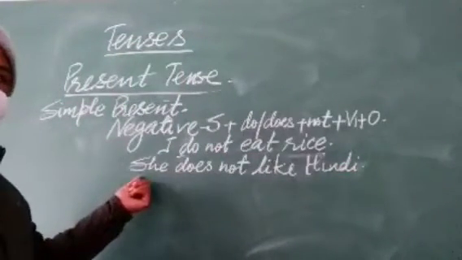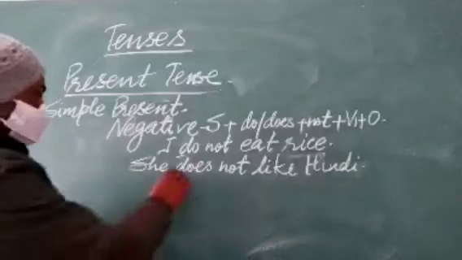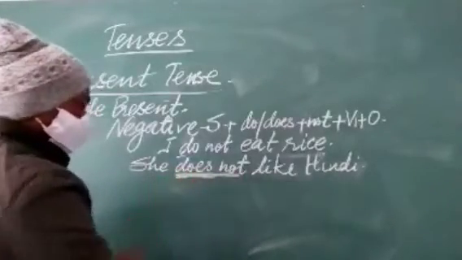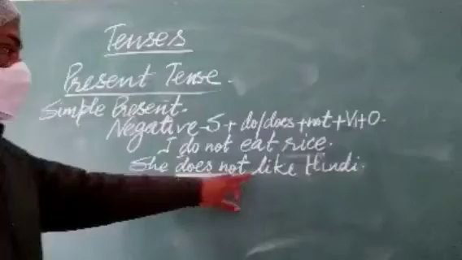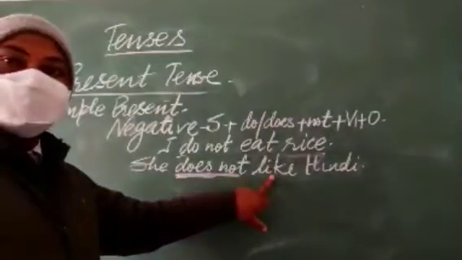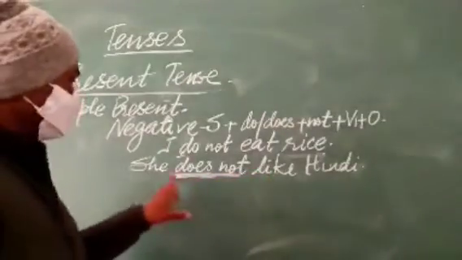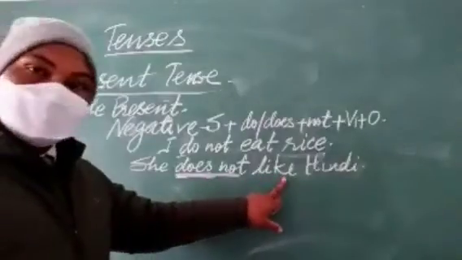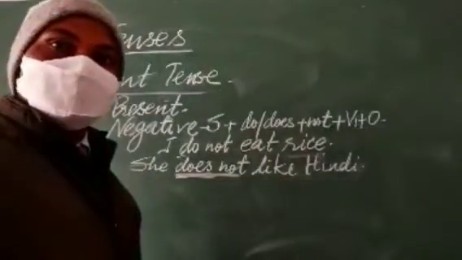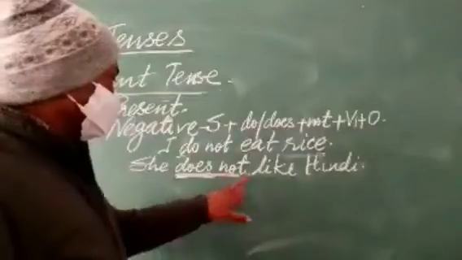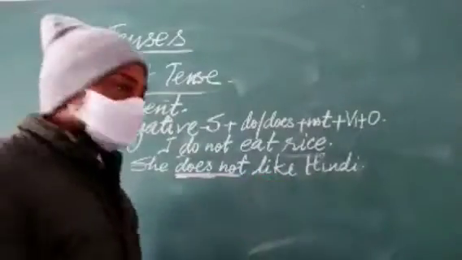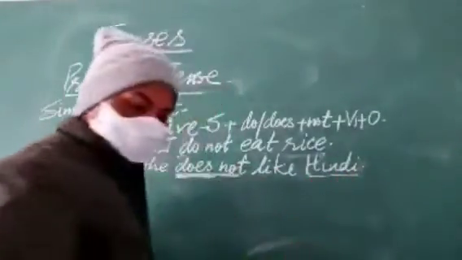She, singular subject, then does not. Like, first form of verb. So she does not like, and then object.